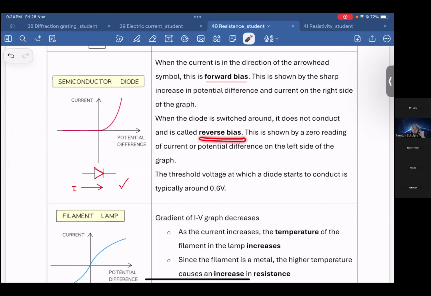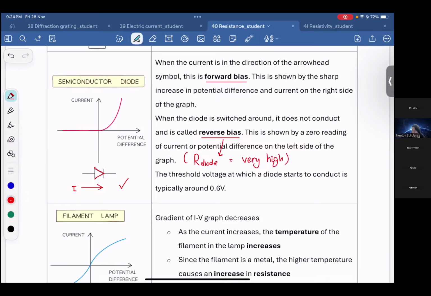It blocks because of what? Very high resistance. At reverse bias, the resistance of the diode is very high. When forward bias, the resistance is low, so they allow current to flow.